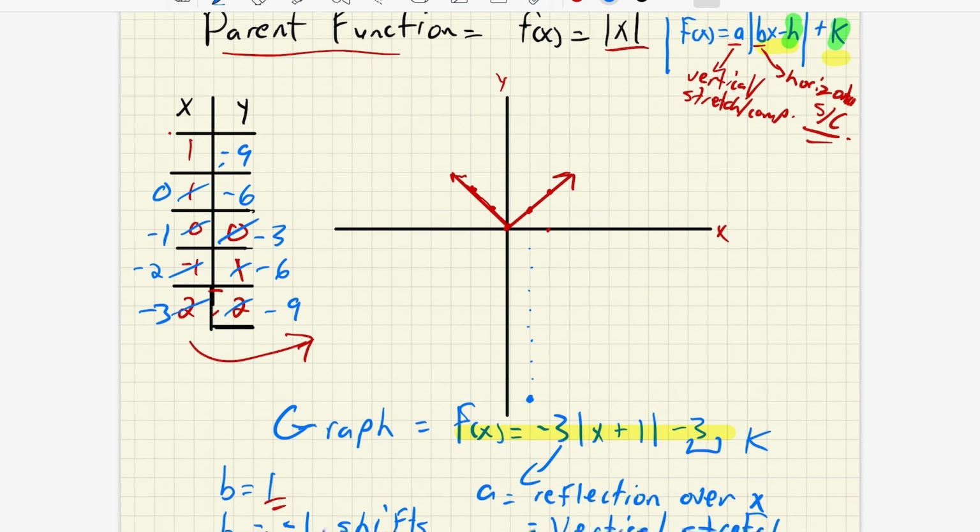Okay, when x is 0, the y is negative 6. So at 0, 1, 2, 3, 4, 5, 6. So we'll put a point here. When x is negative 1, y is going to be negative 3, so it'll be negative 1, 1, 2, 3. So just like this.